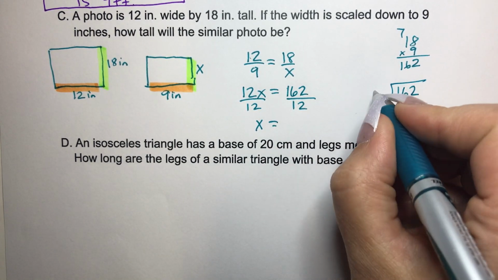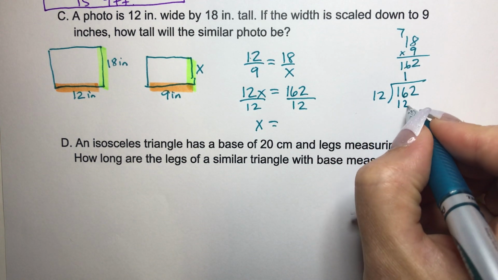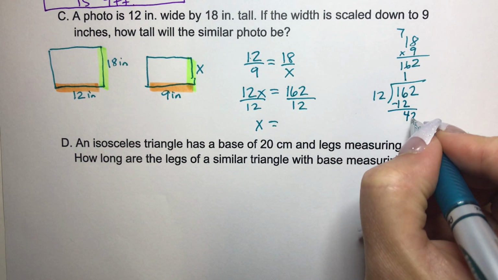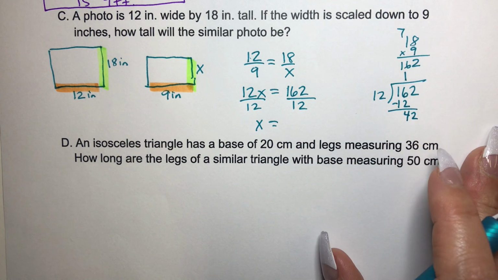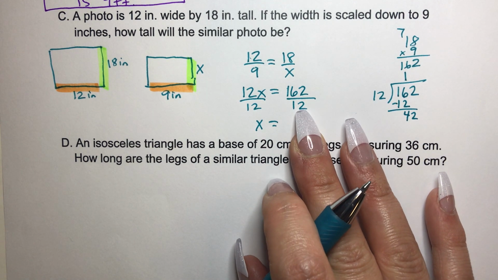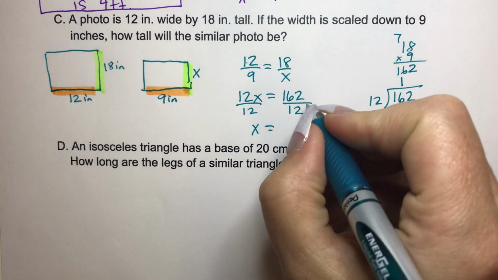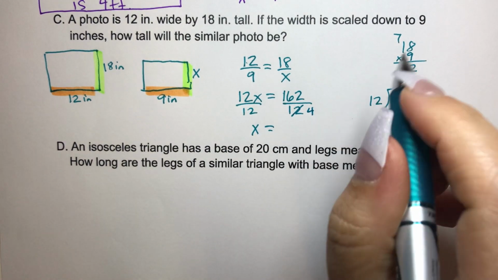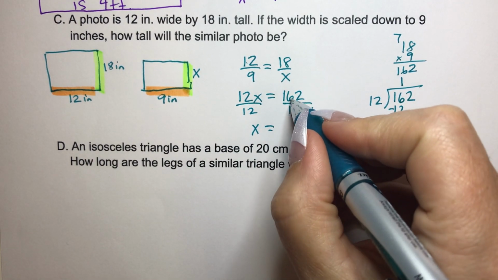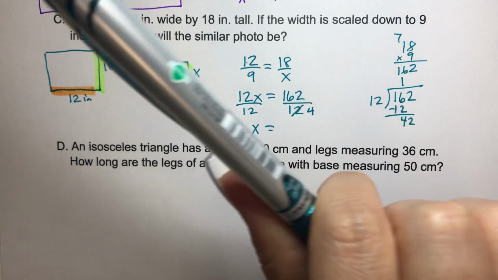I'm not sure. 12 does not go into 1, but it goes into 16 one time. 4, 2, it doesn't go in evenly there. So I think I'm going to reduce this fraction. What do I know goes into it? I know 3 goes in, so this is 4. And 3 goes in here because 1 plus 6 is 7 plus 2 is 9. So 9 is divisible by 3.